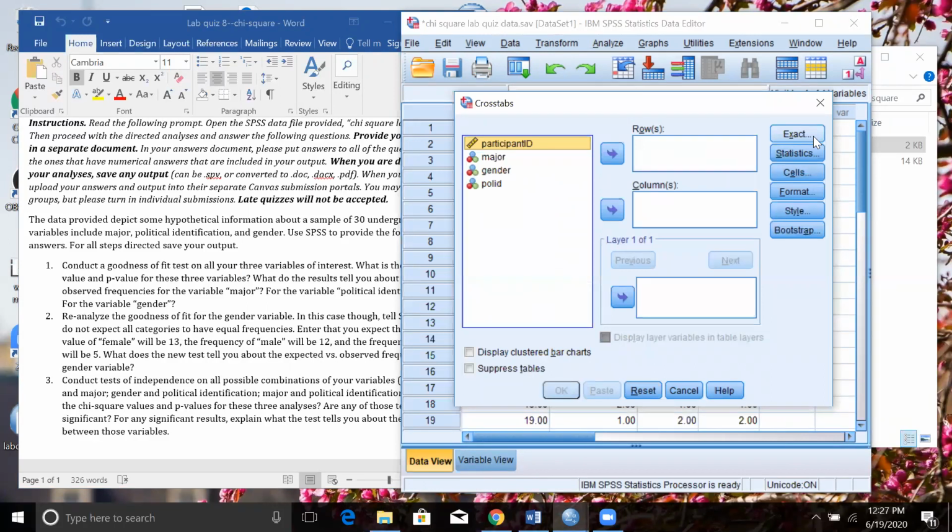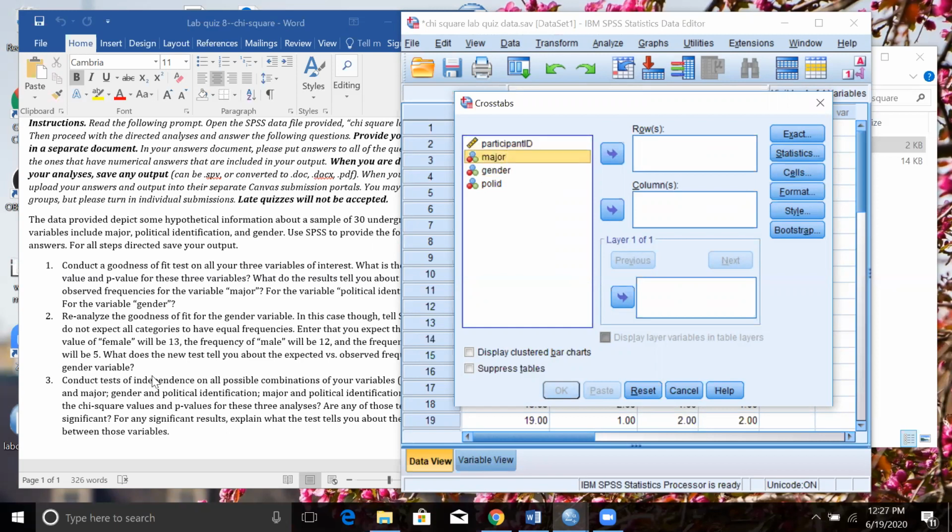Cross-tabulated data is essentially a way to visualize your frequencies that maps out the breakdown based on combinations of your groupings. Whereas a regular frequency distribution would just show you how many majors there are in different categories and how many men versus women versus other there were, a cross-tabulated frequency distribution is going to show you how many women were psych majors, how many men were psych majors, and so on and so forth.